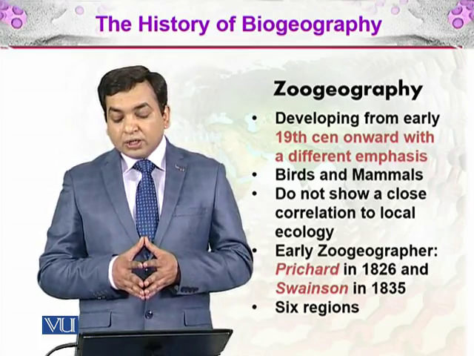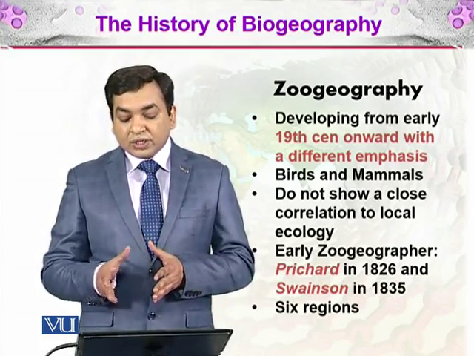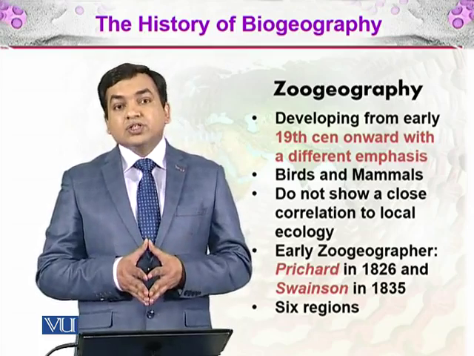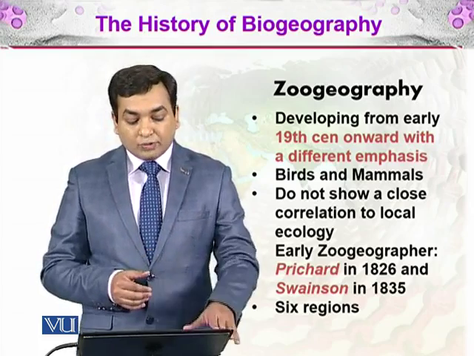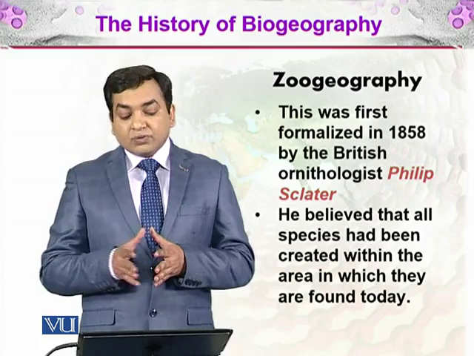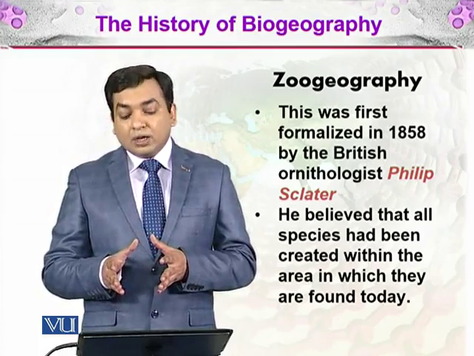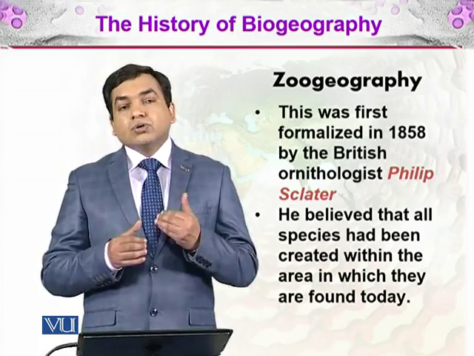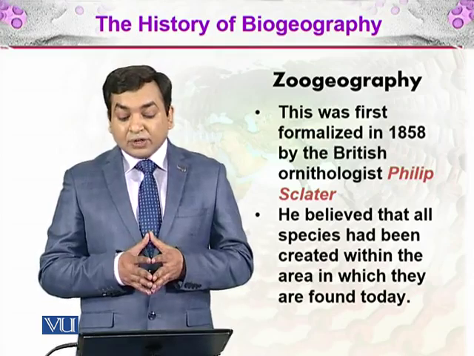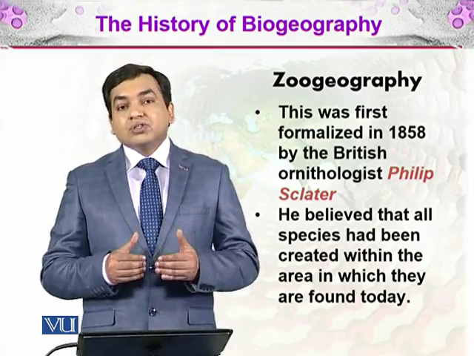Early zoogeographers Pritchard in 1826 and Swainson in 1835 divided the earth into six regions according to zoogeography. This was first formalized in 1858 by the British ornithologist Philip Sclater. An ornithologist is a scientist who studies birds, and he believed that all species have been created within the area in which they are found today.